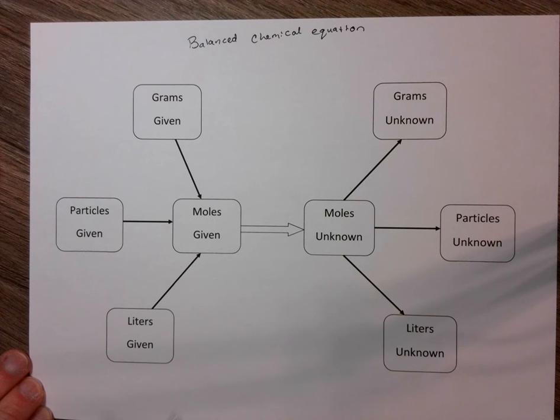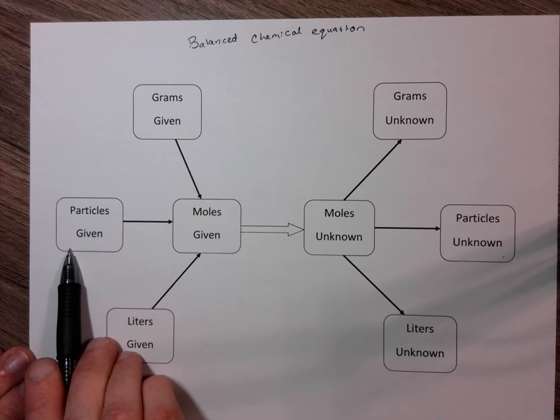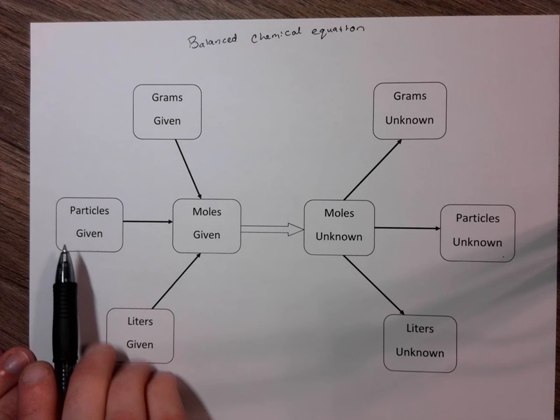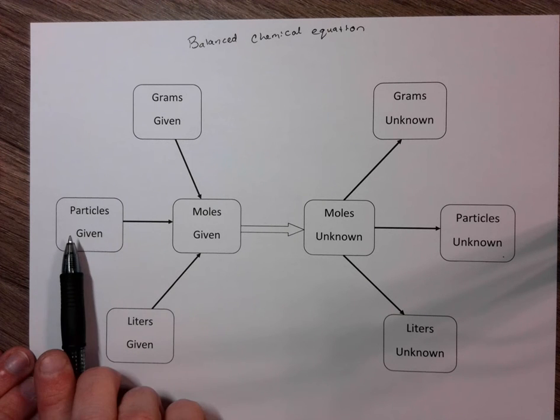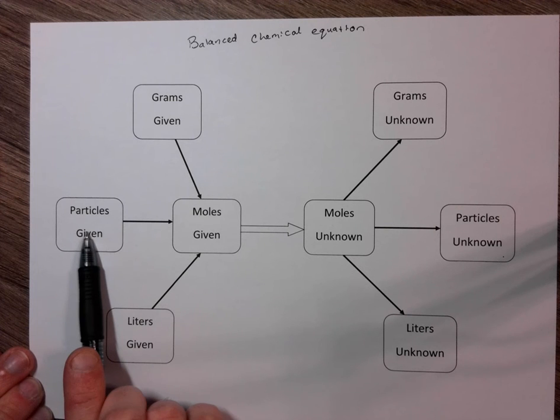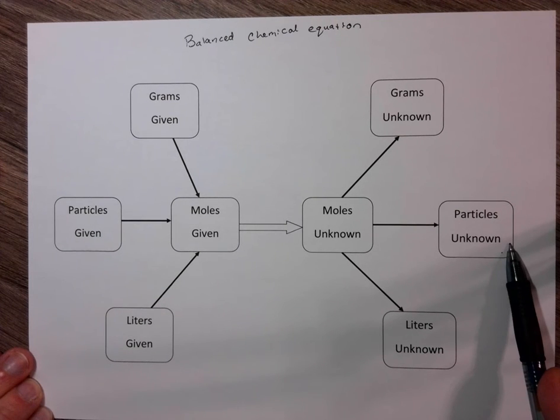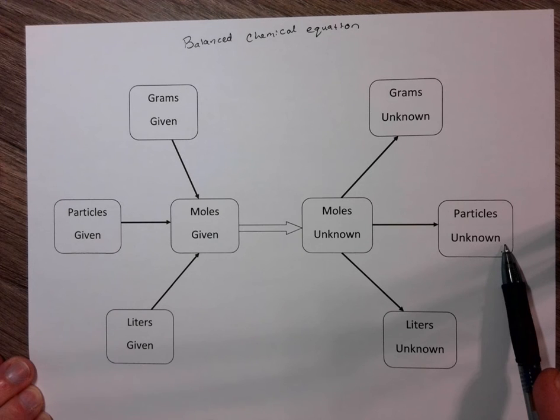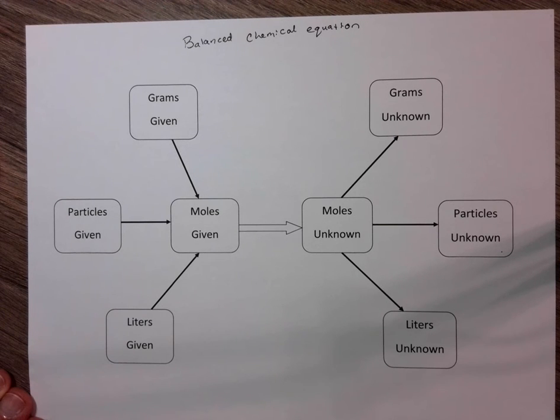Let's say, for example, it's asking us to find particles of the unknown, and it gives us particles of something. We're going to have to figure out our route to get from point A to the other side of the world over here, to this point. We're going to be multiplying by fractions.